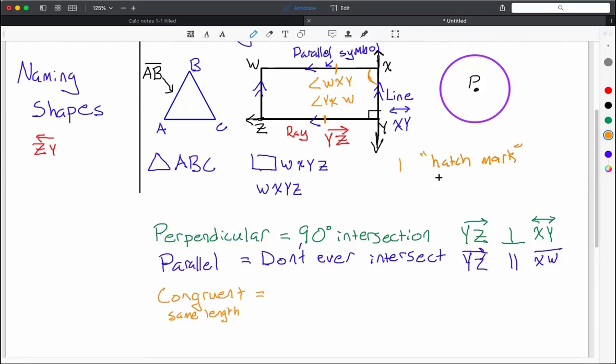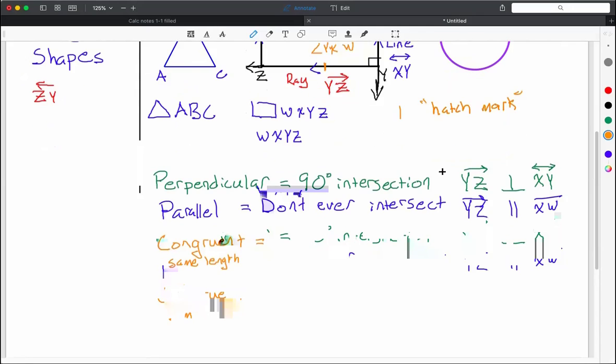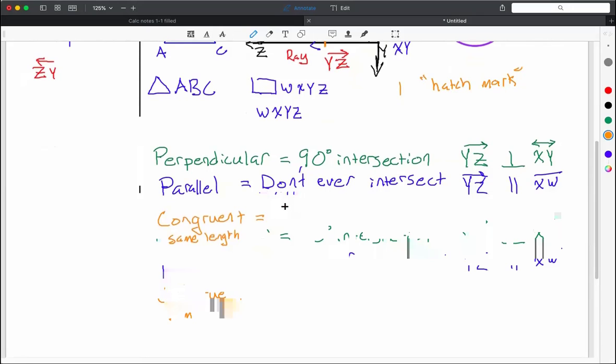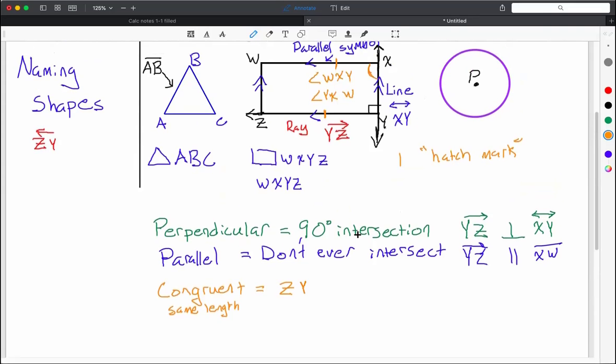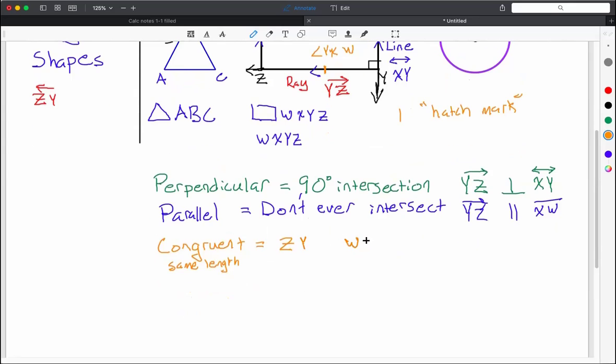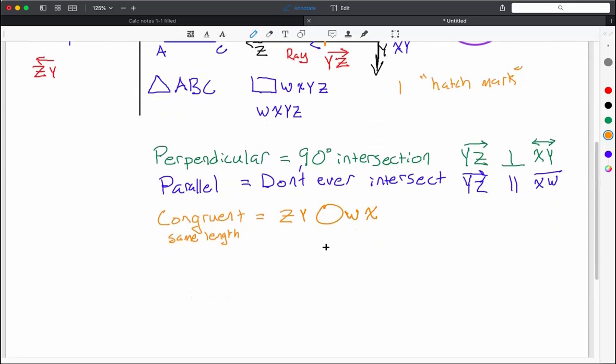It's called a hatch mark, and it means that things are the same length or congruent. So we'll say, well, I already wrote down same length. So we can say that ZY is congruent to, what was the other one? WX. And again, I'm looking for some sort of symbol that goes in between here.